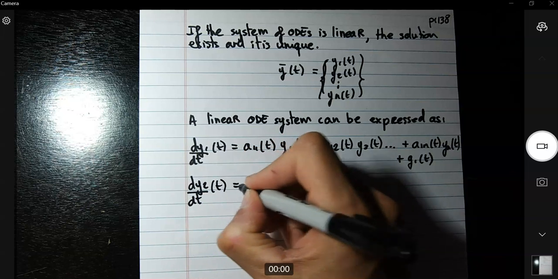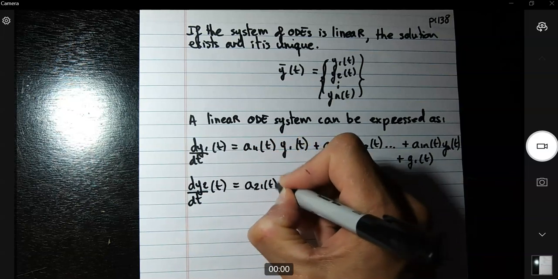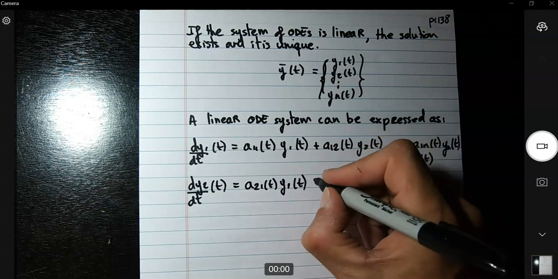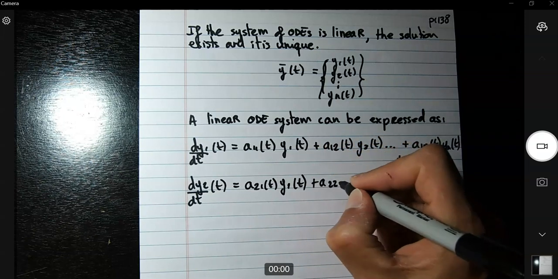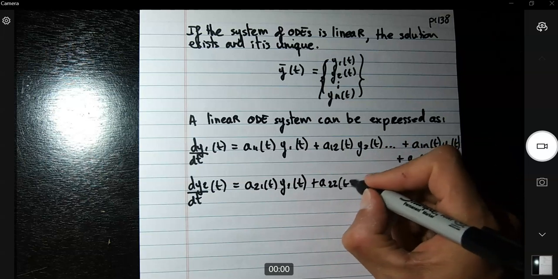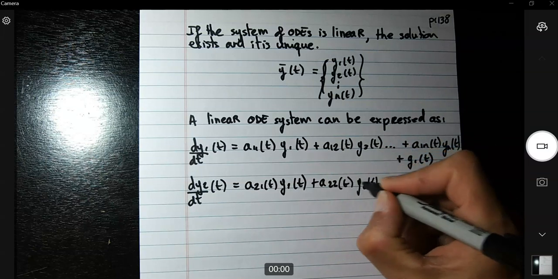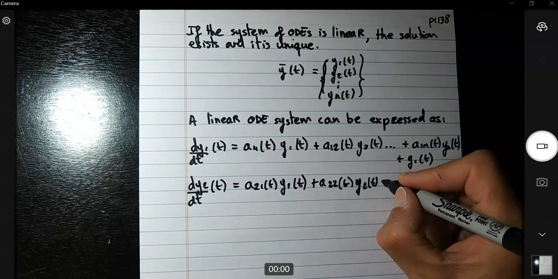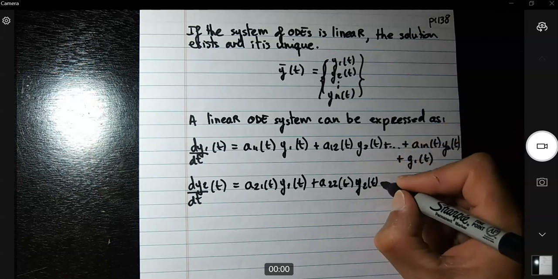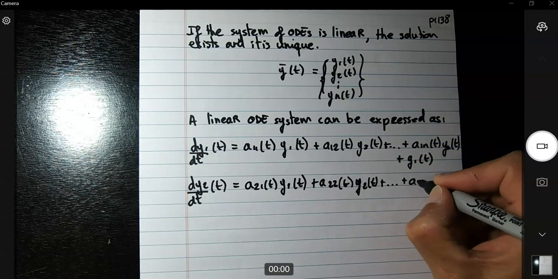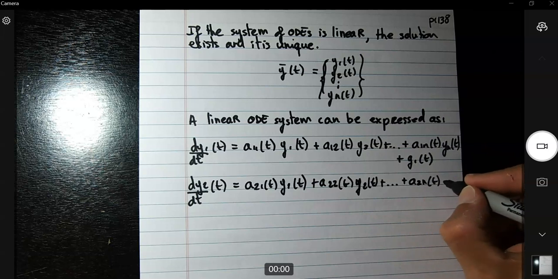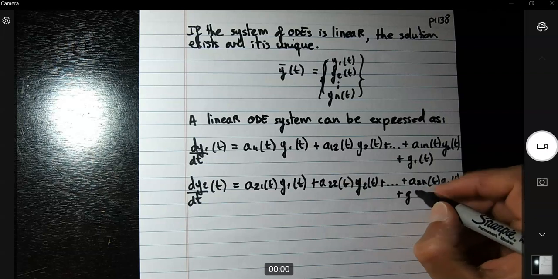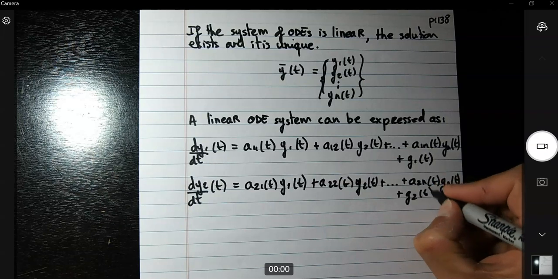The second one, dy2/dt of t, will be equal to a21 of t y1 of t plus a22 of t y2 of t plus a2n of t yn of t plus a function g2 of t.